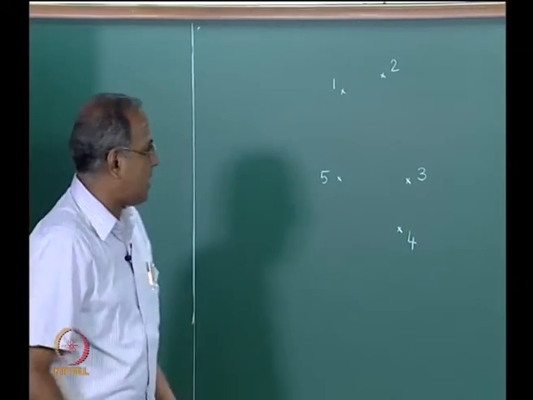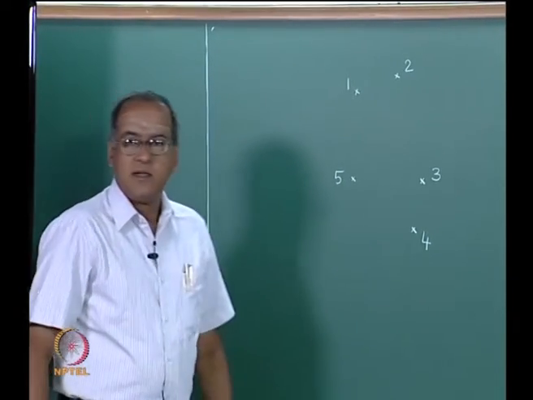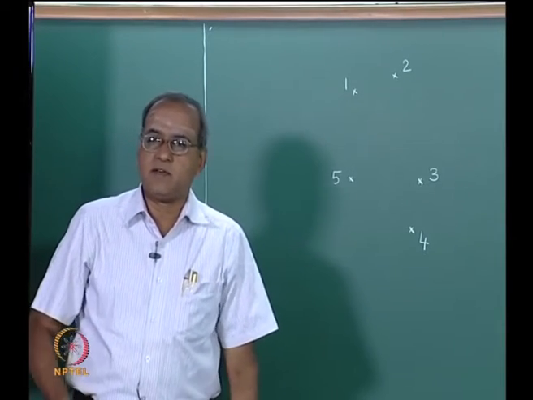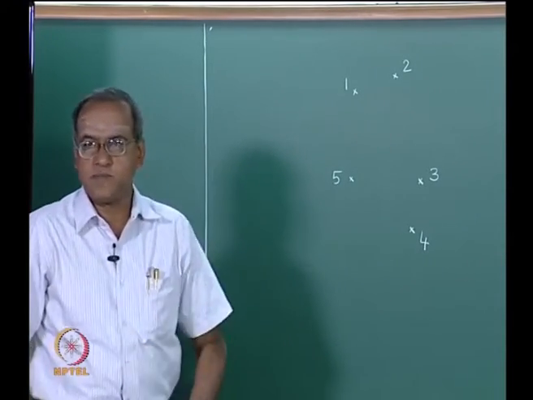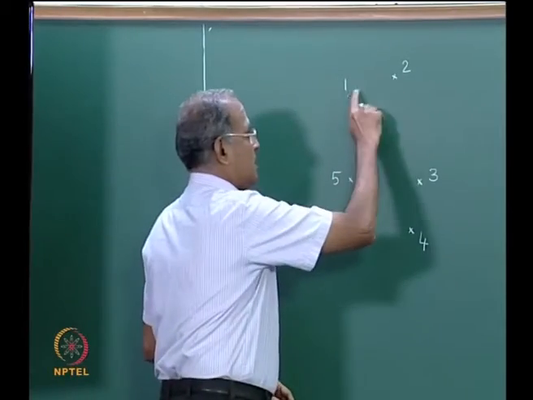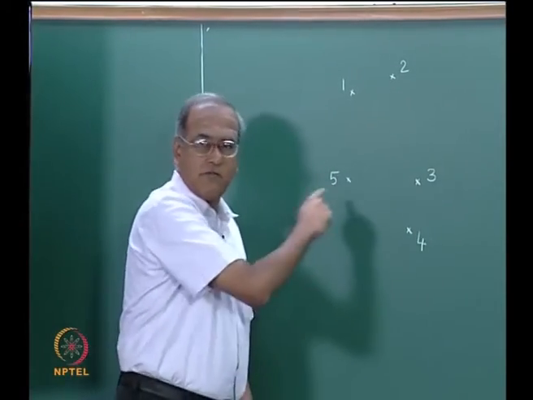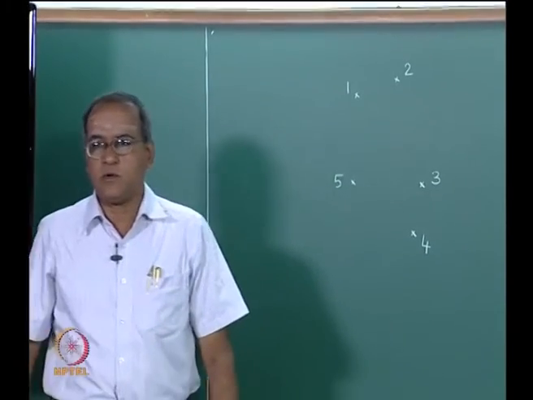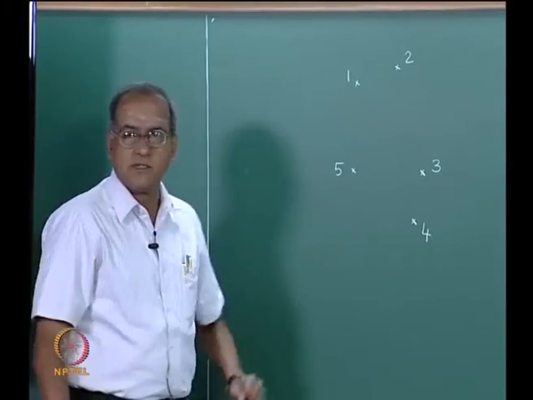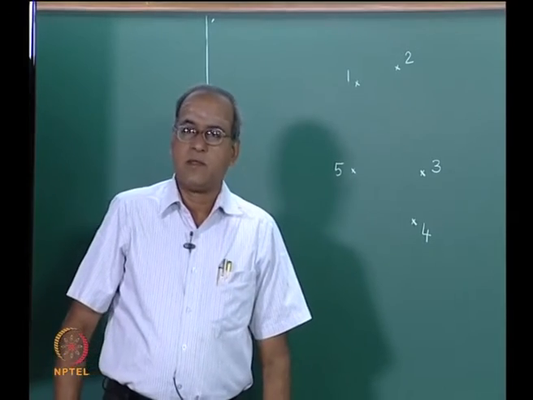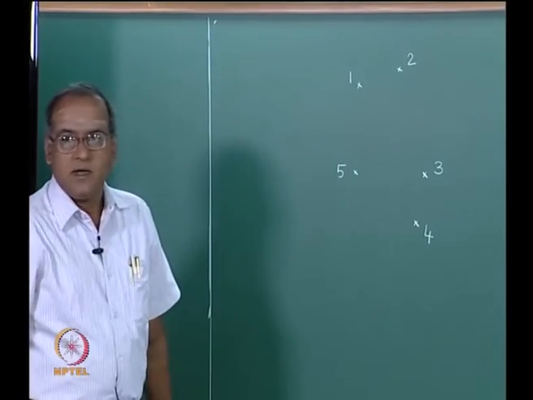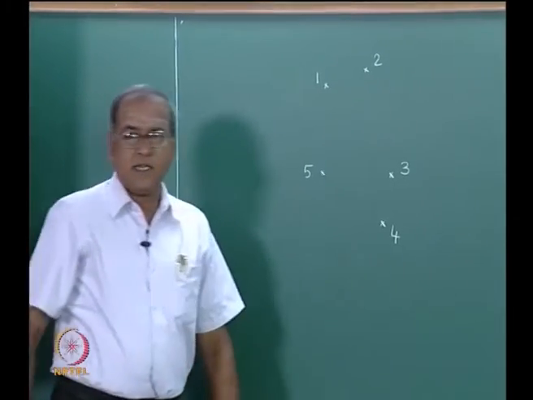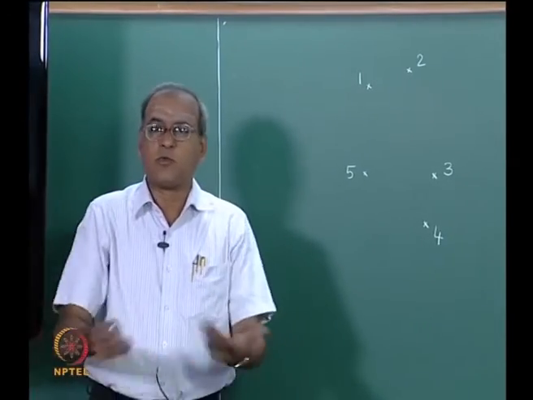Now when we look at these 5 points and ask a question, how many groups are there, many times our answer would be 2 groups with 1 and 2 as one group, 3, 4 and 5 as another group is a very common answer that one would get if we posed this question. But let us assume that there are 5 points here and each of these 5 is a group.